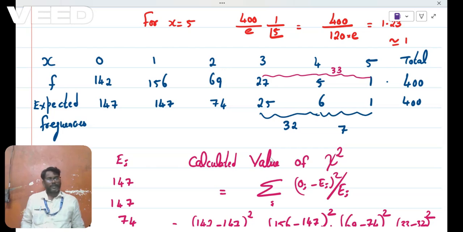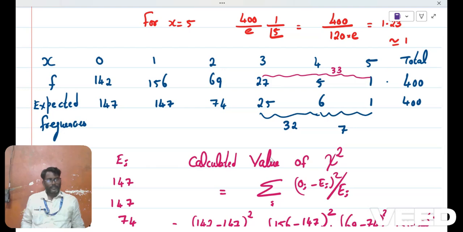To apply the chi-square distribution, we need the frequency values to be greater than or equal to 10. So we can combine the frequency with the neighbor. If I combine 1 with 5, we get 6. Still it's less than 10, so again we club with the nearest frequency, that is 27. So we get 27 plus 5 plus 1, which is 33.